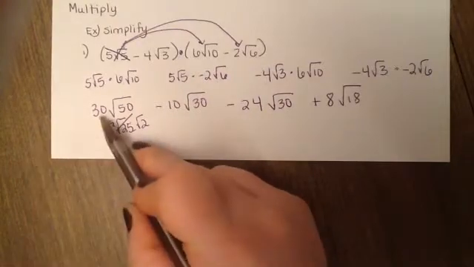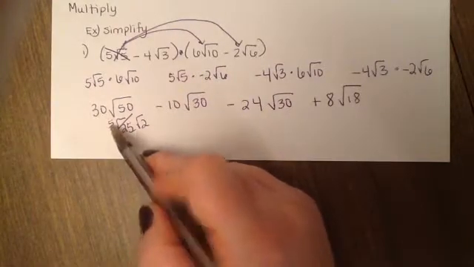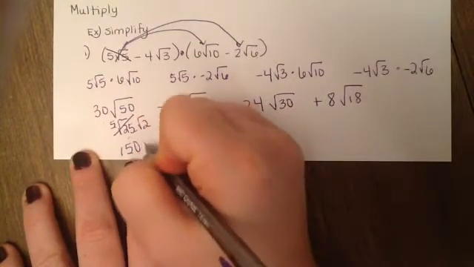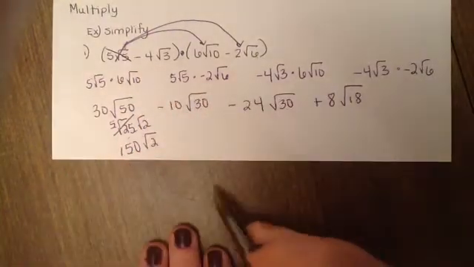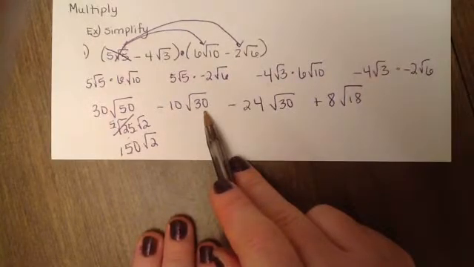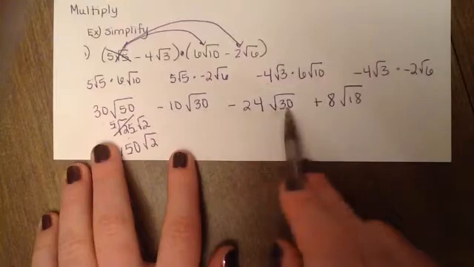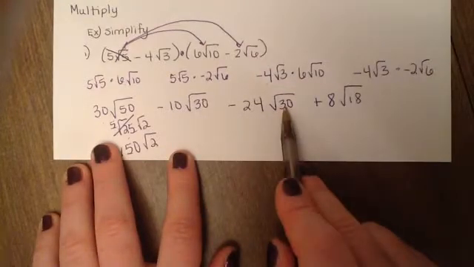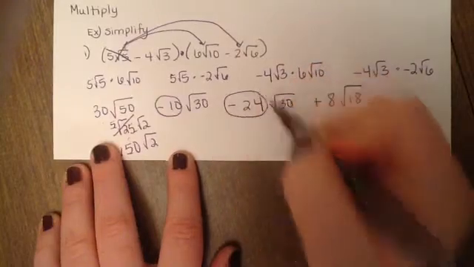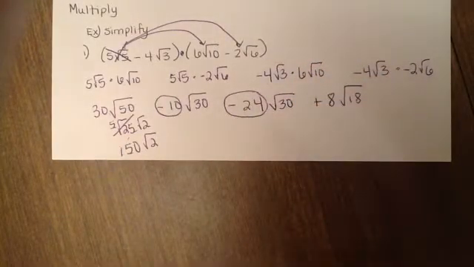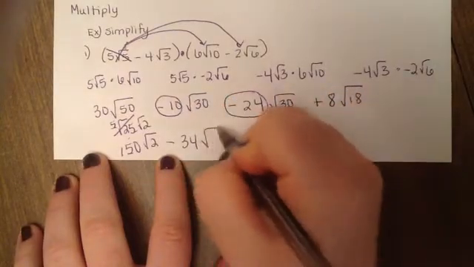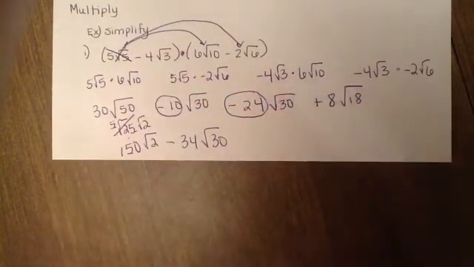So now I need to multiply what's out front. 30 times 5, 150 root 2. Anything on my list go into 30? No, but I do have 2 of them that have square root 30s. So I'm going to do negative 10 and negative 24 make negative 34 root 30.